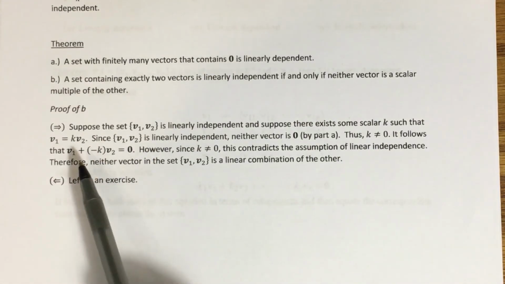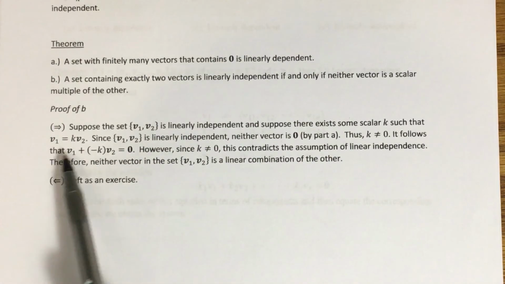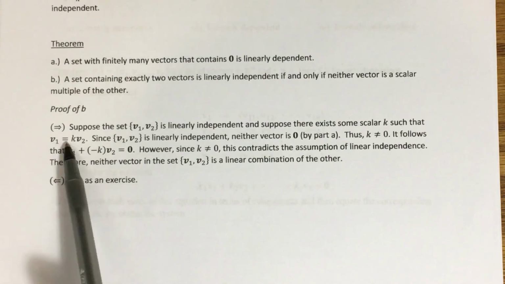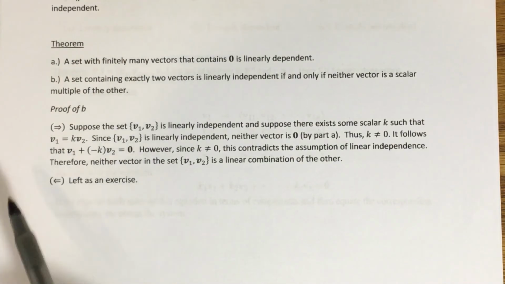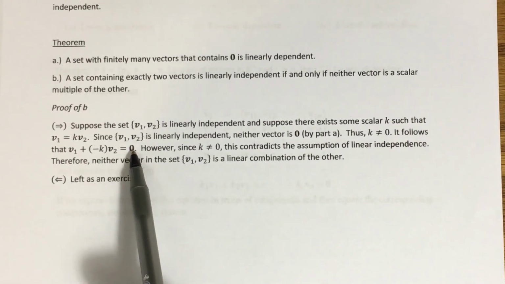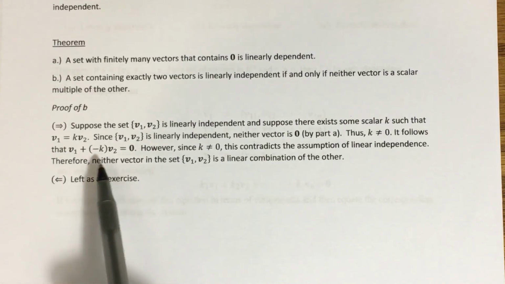Now, what would happen if I formed this linear combination? Actually, let me rephrase that. Let's take this equation relating v1 to v2, and subtract the k v2 from both sides, giving me this linear combination. v1 plus negative k v2 would equal the 0 vector because I subtracted it over.